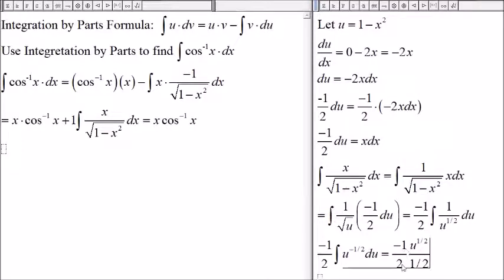Negative 1/2 divided by 1/2 is just negative 1. So we get negative u to the 1/2.